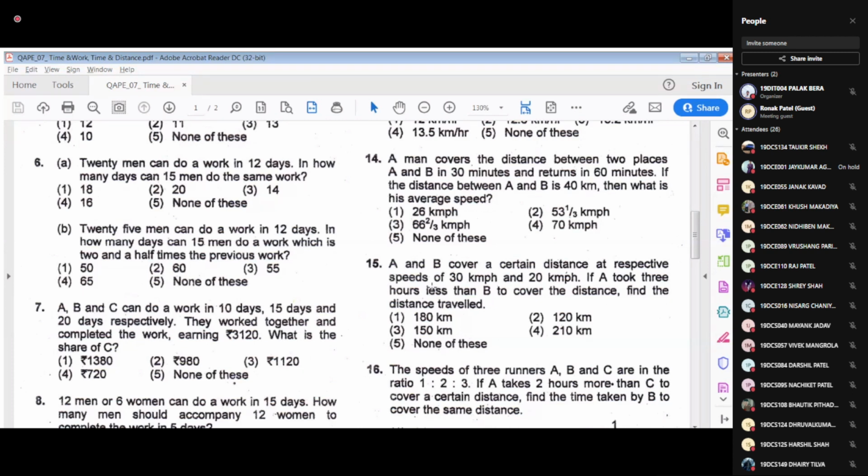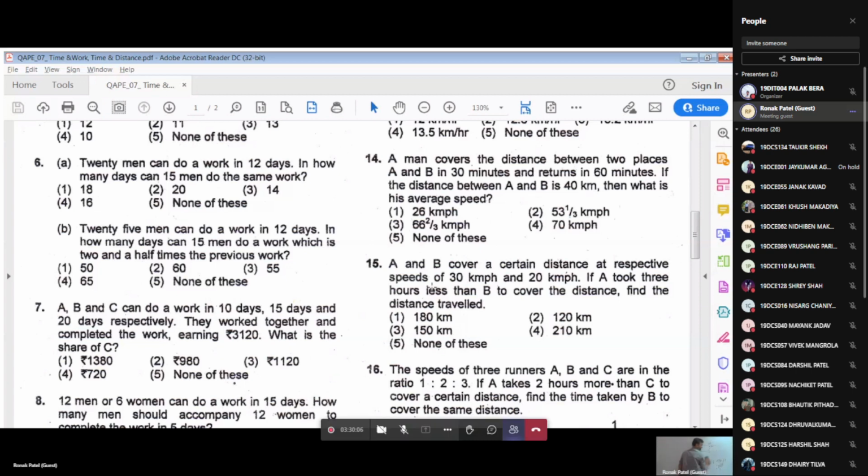You are not given speed, but this time you are given distance, right?